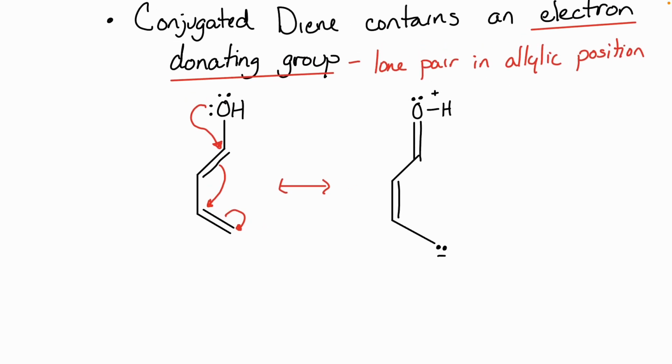So why is it called an electron donating group? Because it can donate a pair of electrons to that conjugated diene. Bring that pair of electrons down. All right, and we're going to use our resonance to illustrate this. This resonance structure here illustrates electron donating.